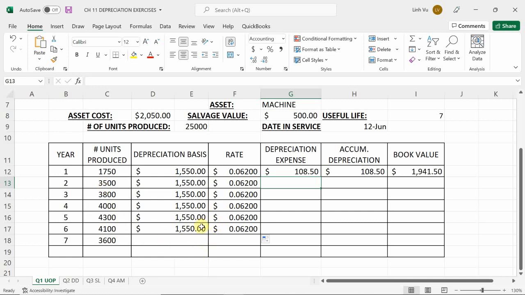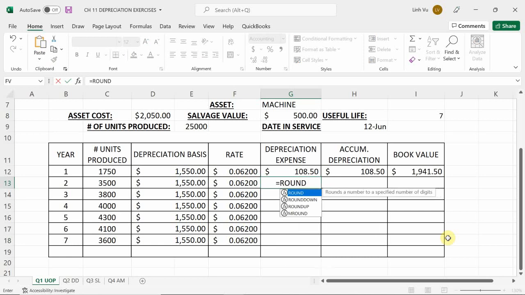Okay. Depreciation expense is going to be the number of units that year by the rate.